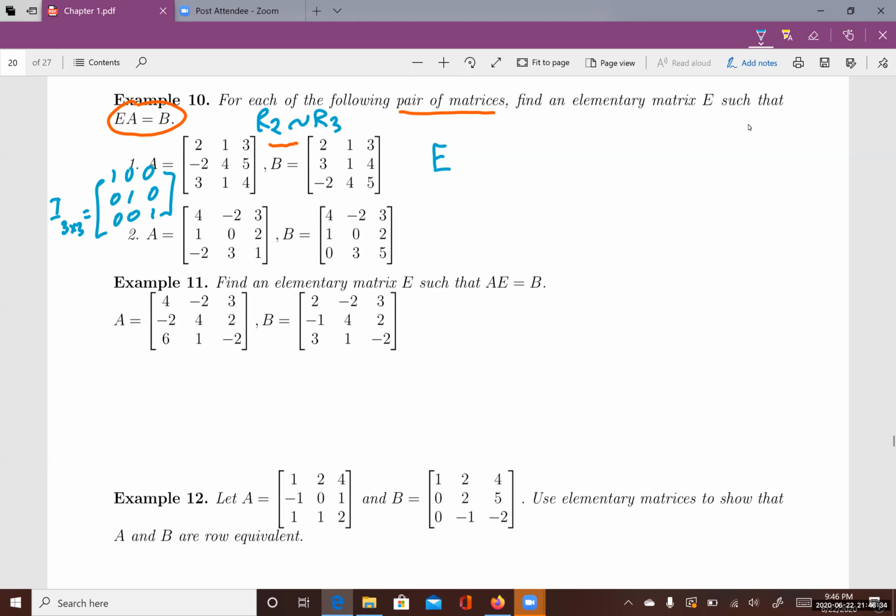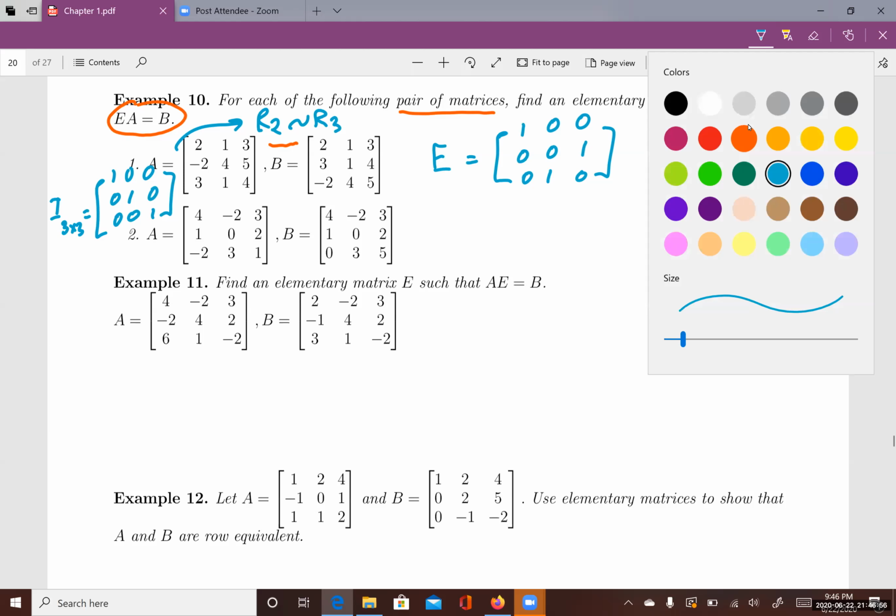Start with I and interchange row 2 and row 3 to get E. So row 1 stays the same, row 2 becomes row 3, and row 3 becomes row 2. This is the elementary matrix E you're looking for, so E times A equals B. All right, how about the second one?